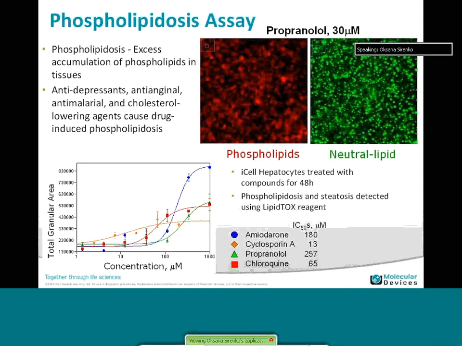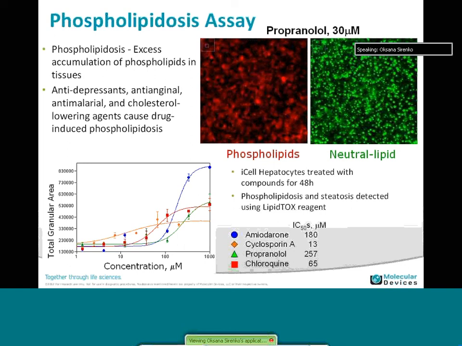Another assay I'm going to describe is phospholipidosis. Phospholipidosis is an excess accumulation of phospholipids in tissue. It could be caused by certain drugs like antidepressants, cardiac drugs, or cholesterol-lowering agents.